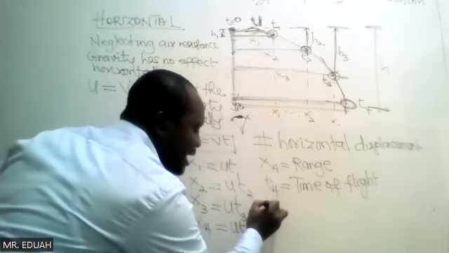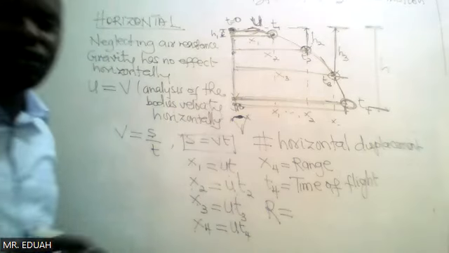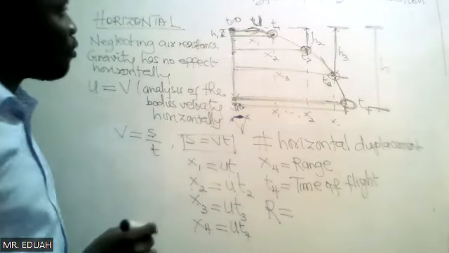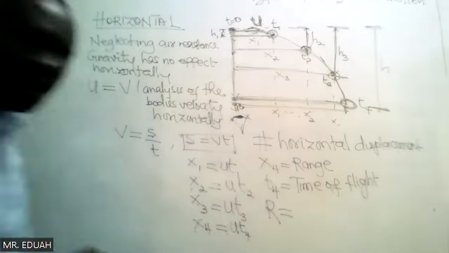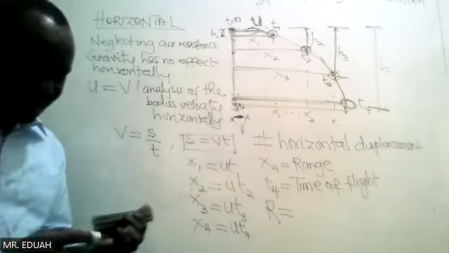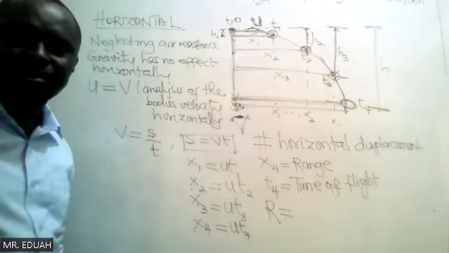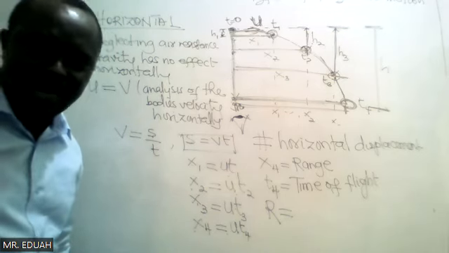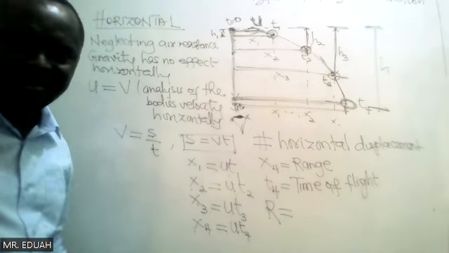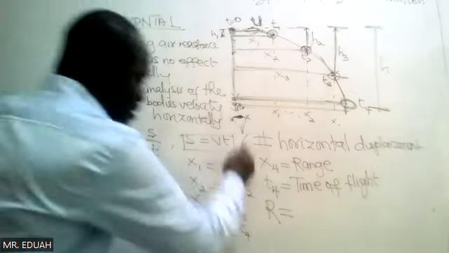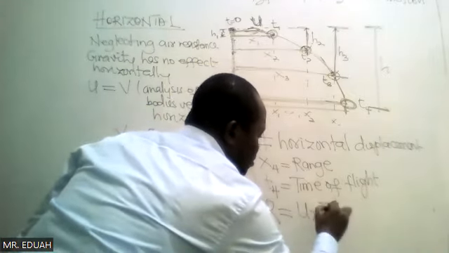All right. And so from our analysis, if S1 is this, S2 is this, S3 is this, S4 is that, then for one-dimensional projectile motion, the range R is equal to initial velocity U times the total time.